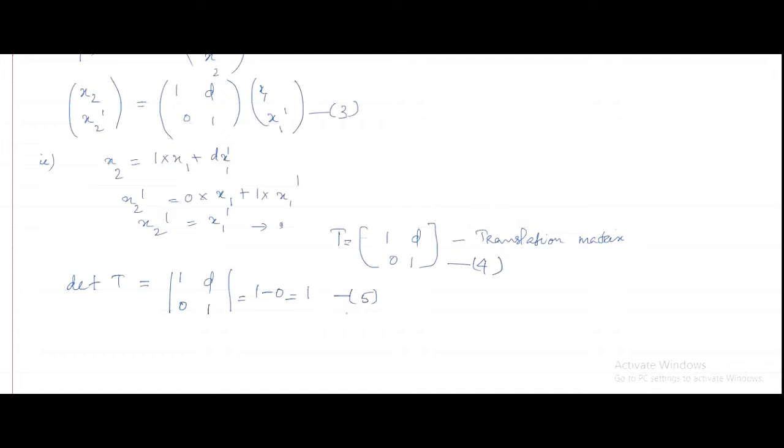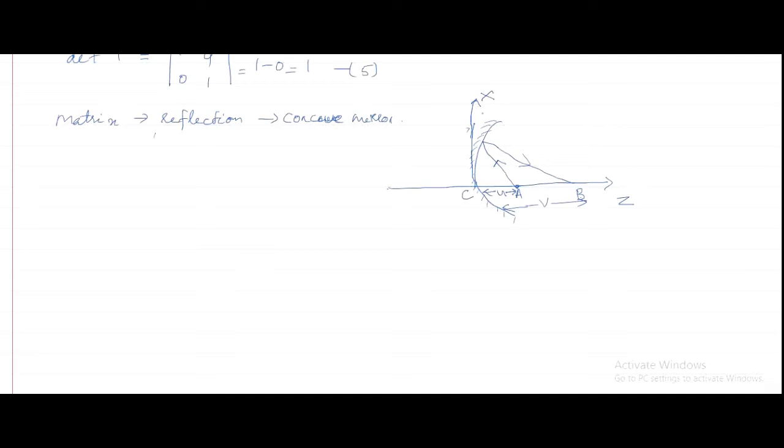Now let us find out the matrix which corresponds to the reflection of a ray from a concave mirror. So we are going to find out the matrix which represents reflection from a concave mirror. So for that, let us consider this particular figure.